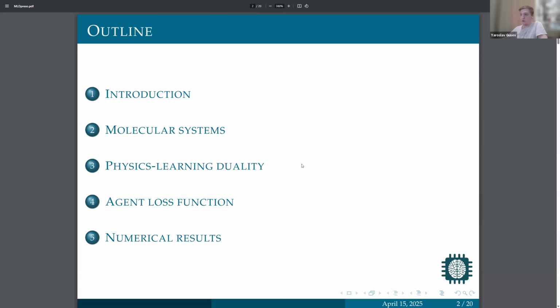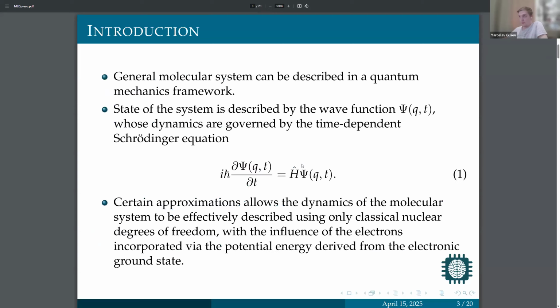And in the fourth part, we will consider the agent loss function, how the loss function can be constructed in order to obtain the learning dynamics of agents that will correspond to some real physical system. And finally, I will show some numerical results that we have.